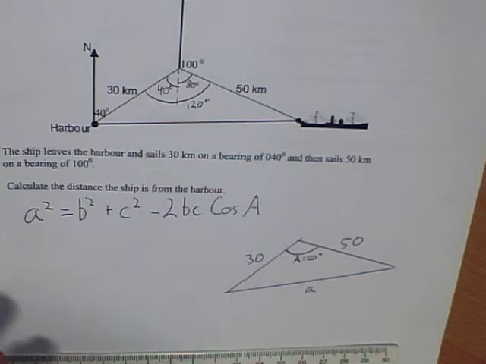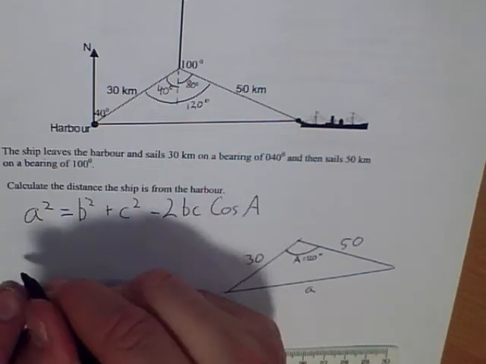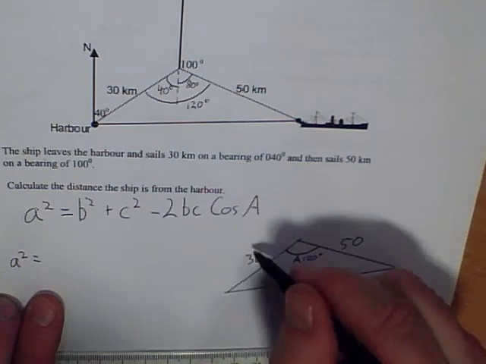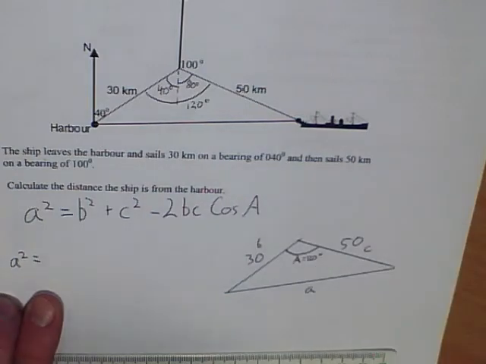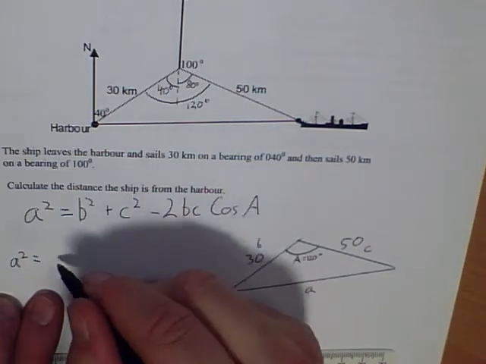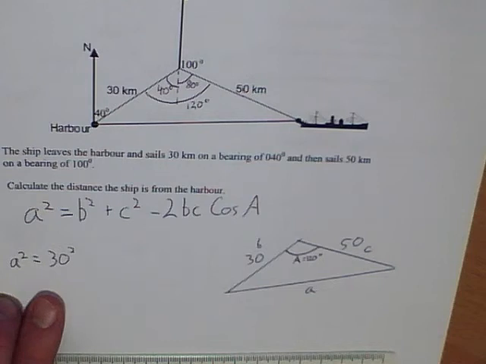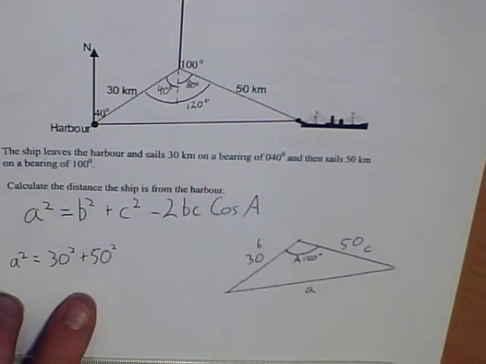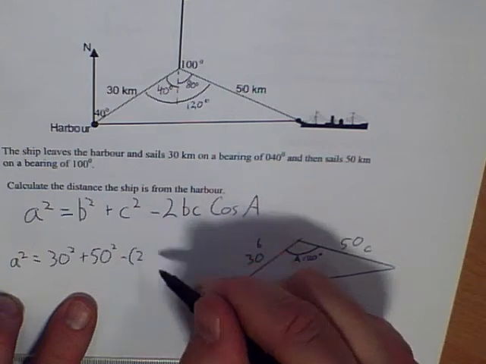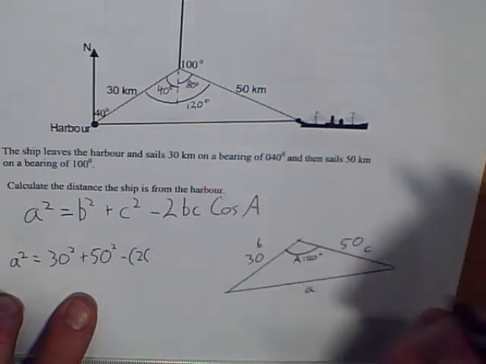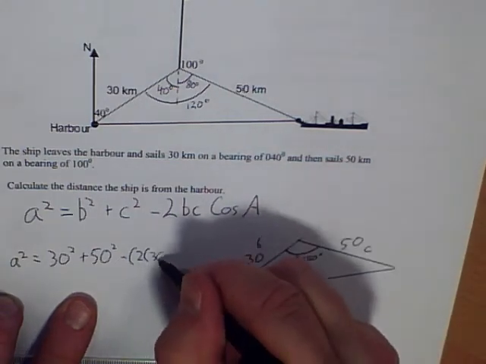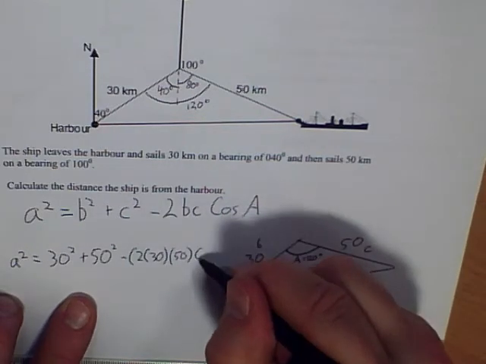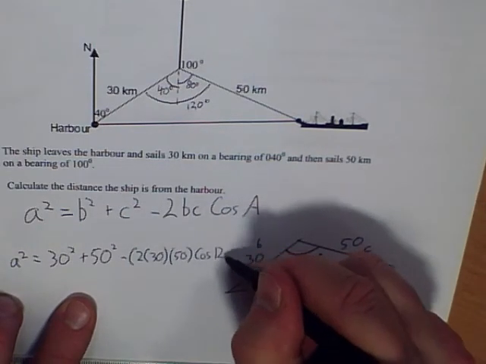So all I need to do is substitute in now. So A squared equals, let's just label the rest of these. It doesn't really matter which one is B and C. So A squared equals 30 squared plus 50 squared minus 2 times 30 times 50 times cos of 120.